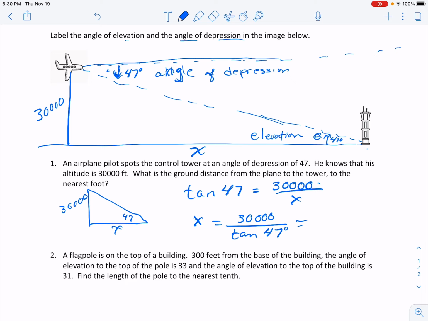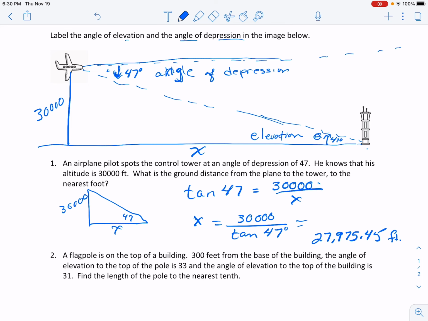So I do 30,000 divided by the tangent of 47, and it tells me it's 27,975.45. And don't forget your units.